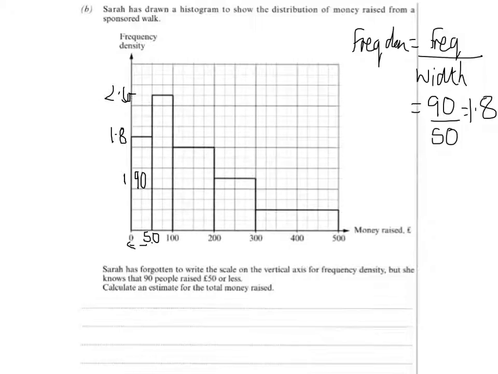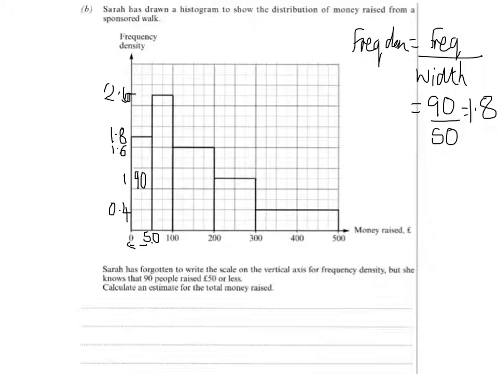So just add these to the side of your graph. This one, if that's 1.8, this one's going to be 1.6. This one, if that's 1, that's just going to be 1. And this one will be 0.4. So I've just added my frequency densities to the side.